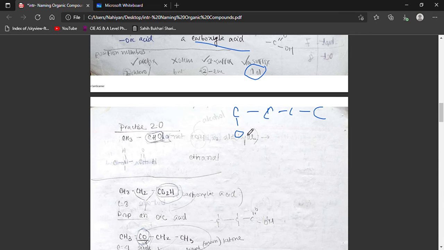Let's just say this is the first carbon. This is the OH here, and others are surrounded by hydrogen. But later we see that we also have a double bond here, in the second carbon.